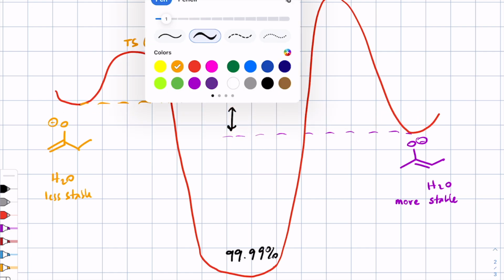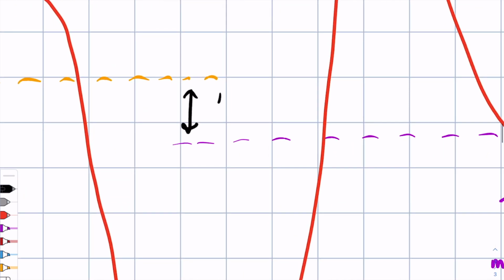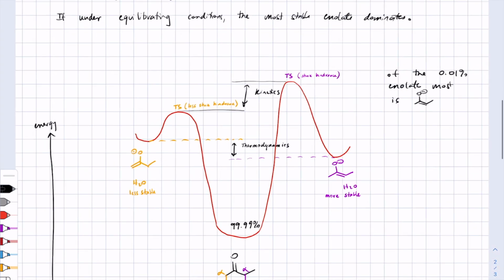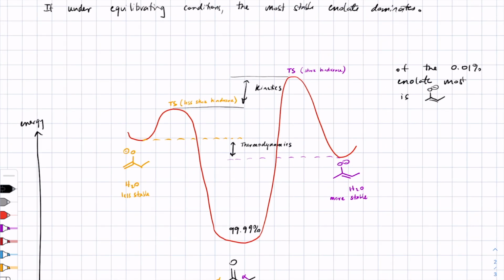This is an issue of thermodynamics, which enolate is more stable. This energy difference here is an issue of kinetics, which enolate forms fastest. Under reversible conditions, thermodynamics dominate. Kinetics don't matter.